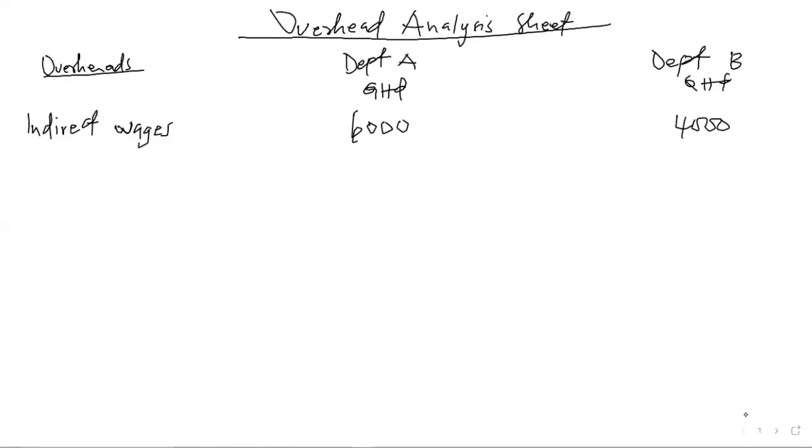Now let's start with the factory rent. One thing that you have to do when it comes to the apportionment is, let's do that calculation here. The basis for apportionment, you find the total floor area. You get it? You find the total floor area.